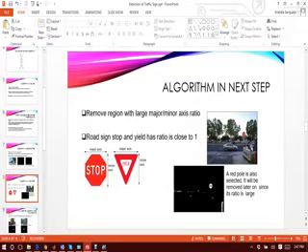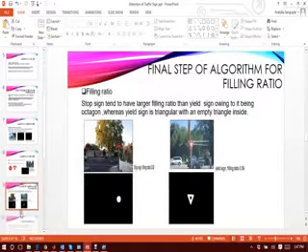For example, we have shown in this image that the red pole at the right hand side corner of the picture has been detected by the RGB thresholding. However, it would later be removed because the major to minor axis ratio is large for this one.